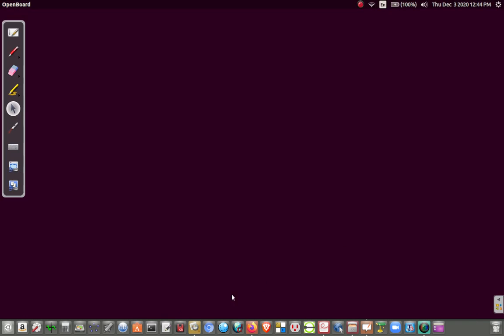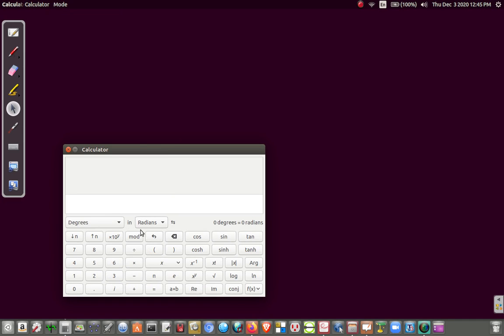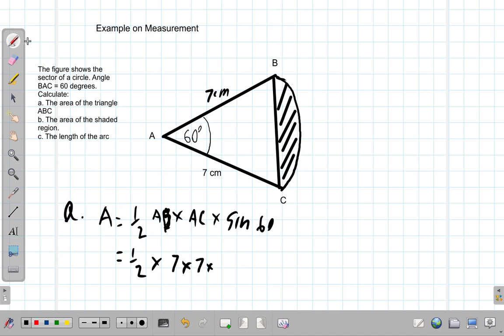What's the sine of 60? That's going to be 0.866. Let me use my calculator here, in advanced mode, and it's showing in degrees. So sine 60 is equal to 0.866. So we have 7 times 7 is 49, half of 49, so it is 49 over 2 times 0.866.